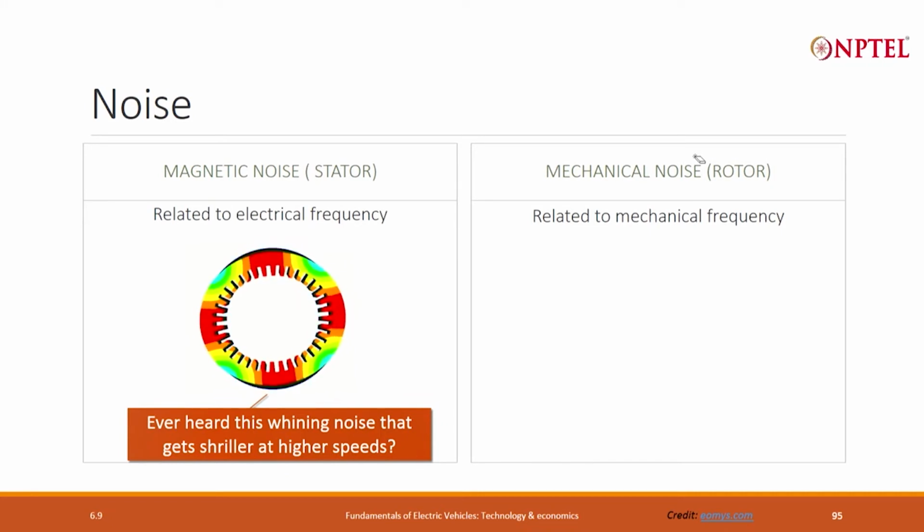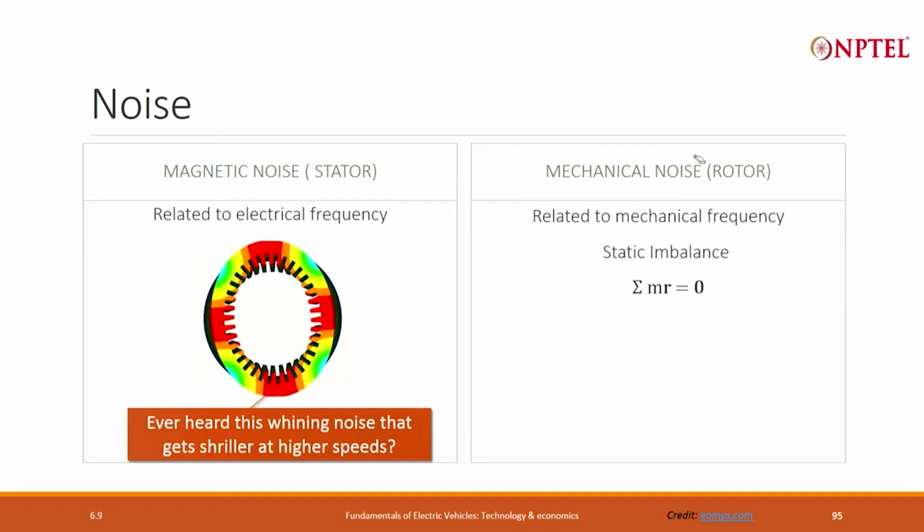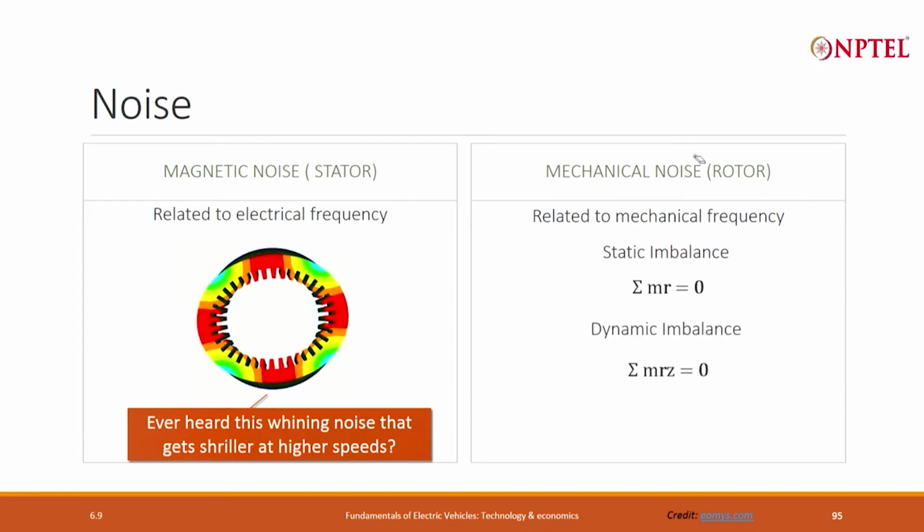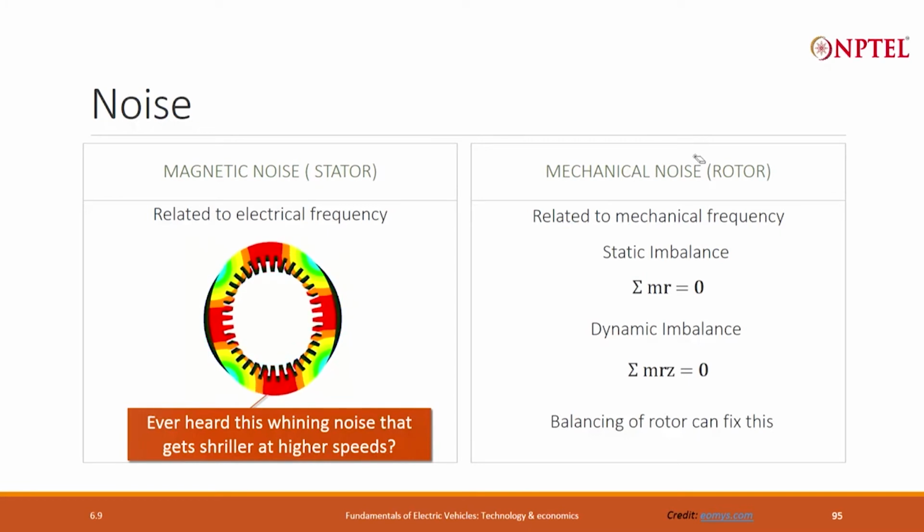Mechanical frequency multiplied by P, the number of pole pairs, is the electrical frequency. And imbalance can be of two types, what is called static imbalance, and there is something else called dynamic imbalance. Many people use these words loosely without really understanding what they mean and what the difference between them is. But very broadly speaking, if you can balance the rotor both statically and dynamically, you will reduce the mechanical noise.